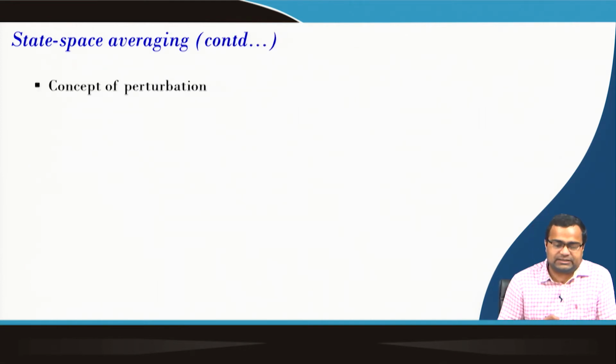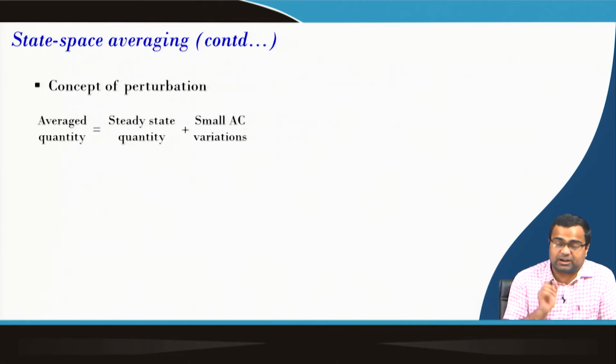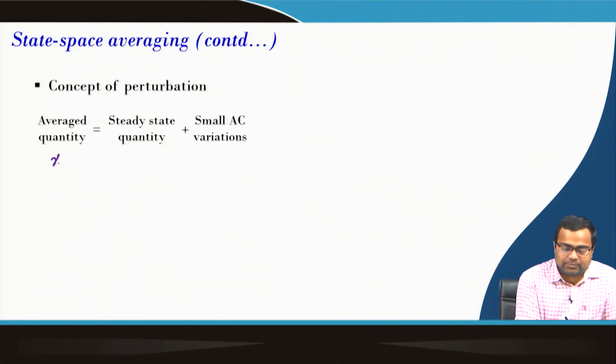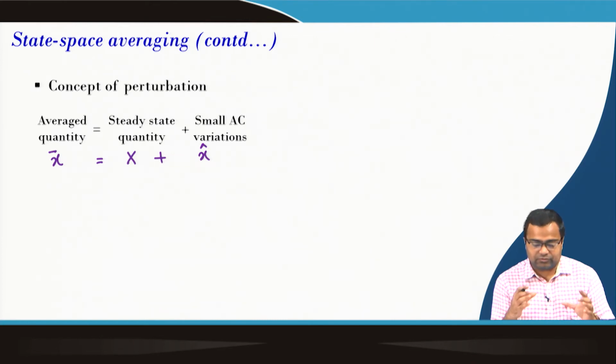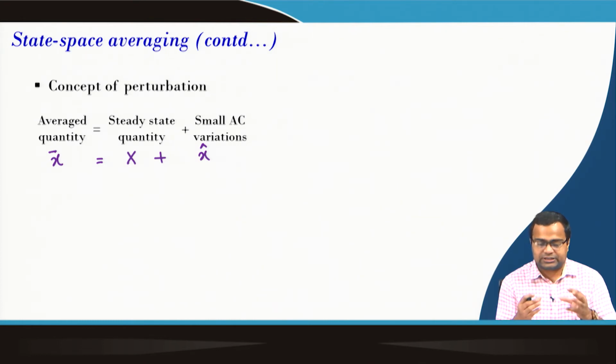Now, in state space averaging, first we need to consider perturbation. That means x bar can be written as capital X plus a small perturbation. We have seen earlier that the original duty ratio consists of two parts.